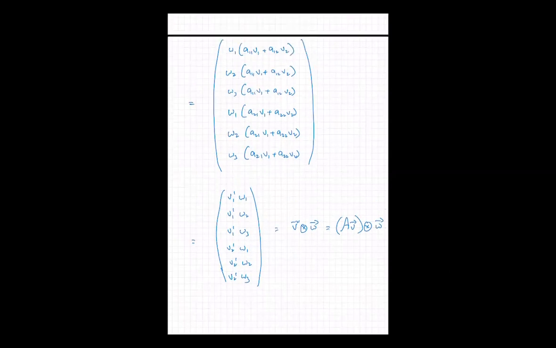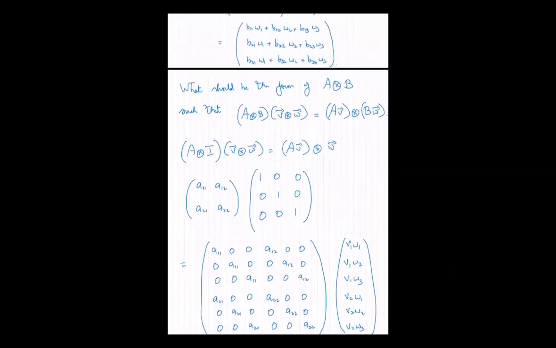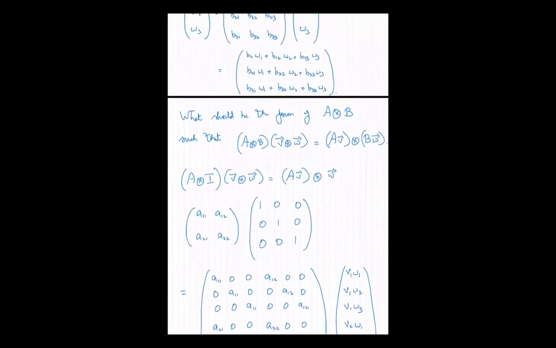So if I construct a new 6x6 matrix A cross I, where I is a 3x3 unit matrix and A is a 2x2 matrix that is the mapping from V to V, then such a 6x6 matrix acting on the composite vector V cross W is such that it is a direct product of the vector AV and W.